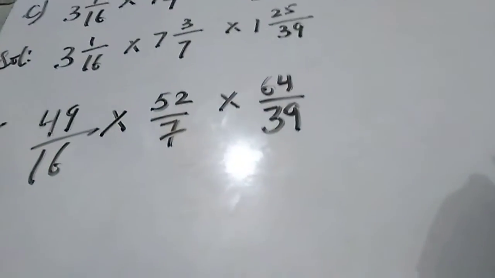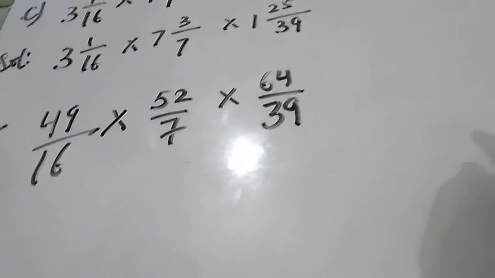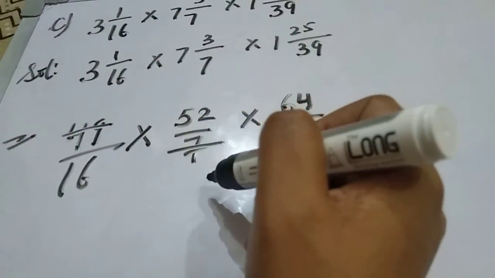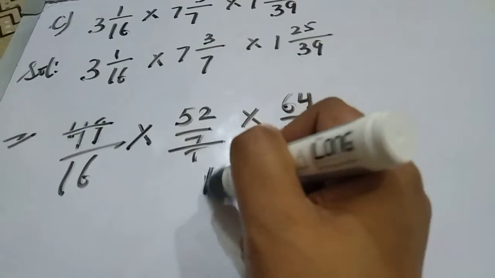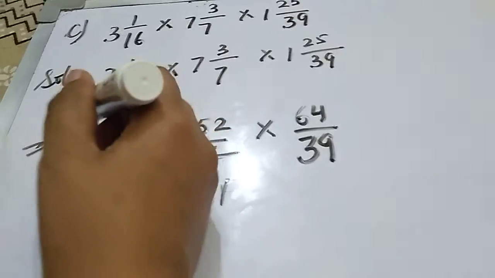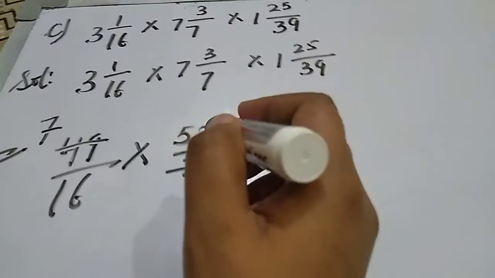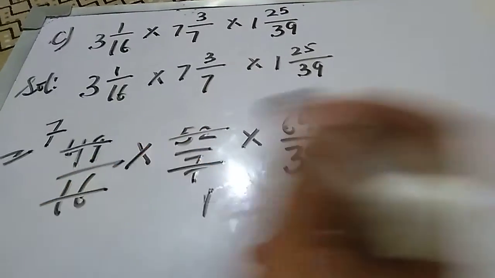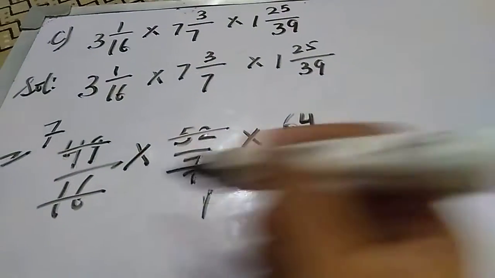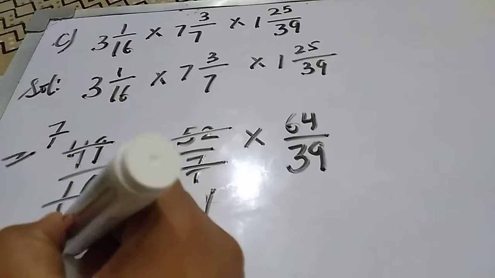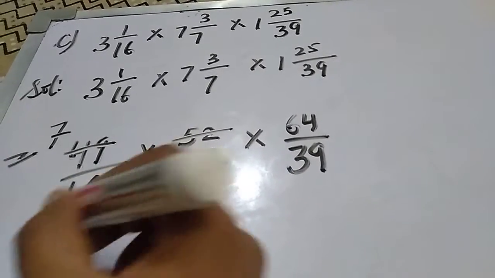Now again you have to check in the cross form. Is it possible to simplify? Yes. 7 and 49. Here it is 1, and on the table of 7, 49 goes to 7. Now here is 16 and 52. Here the highest common factor is 4. So on the table of 4, 16 goes to 4, which you will write here.